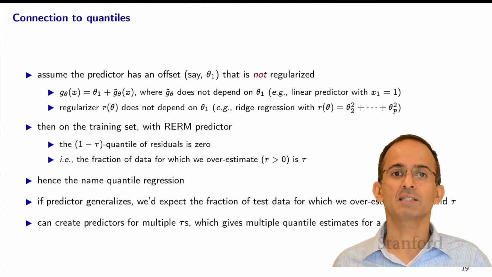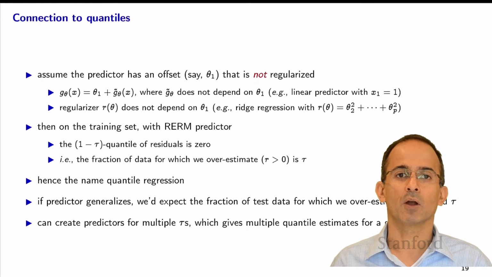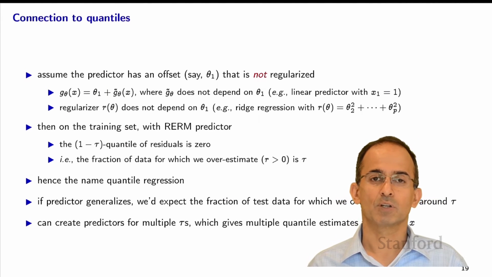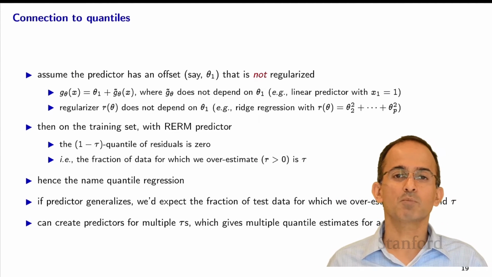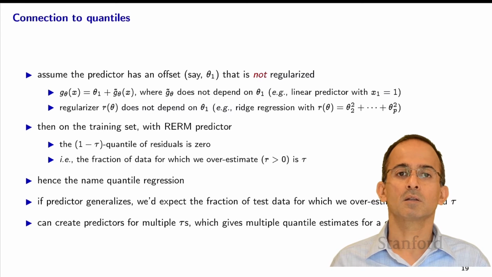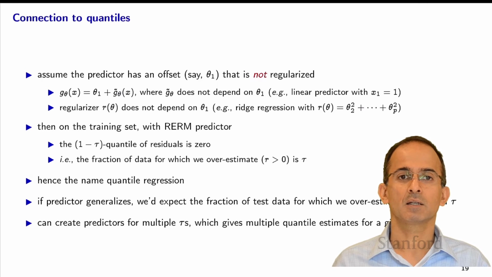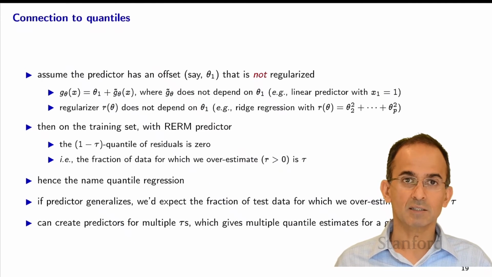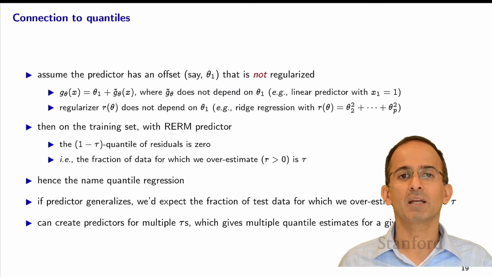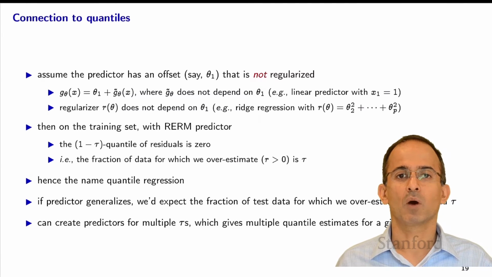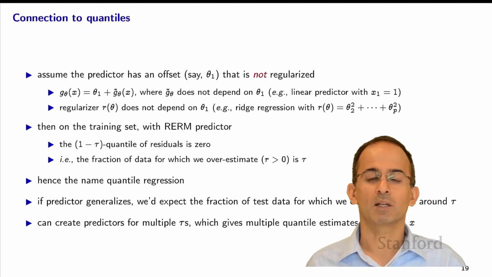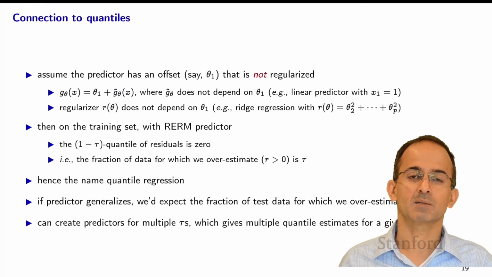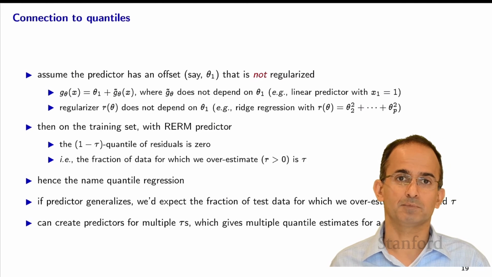Now, we can be explicit as to exactly how high or low these predictions are. And the way this works is that we're going to assume that the predictor has the form theta 1 plus g theta tilde of x. And that means that, say, theta 1 might correspond to a linear predictor where x1 is 1, and so the resulting prediction has a theta 1 term in it.